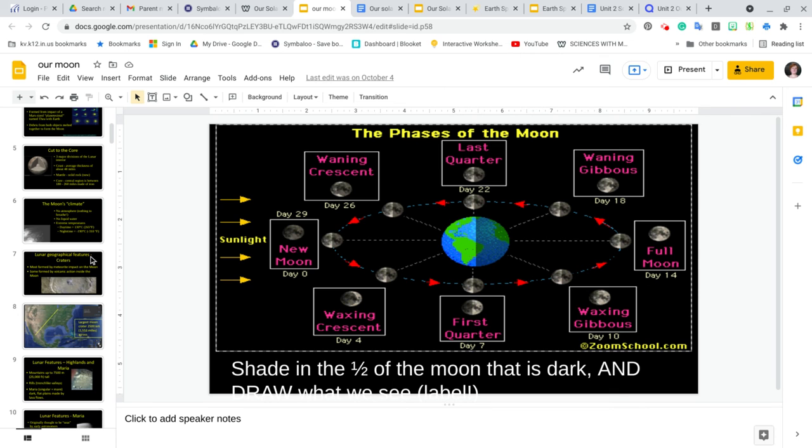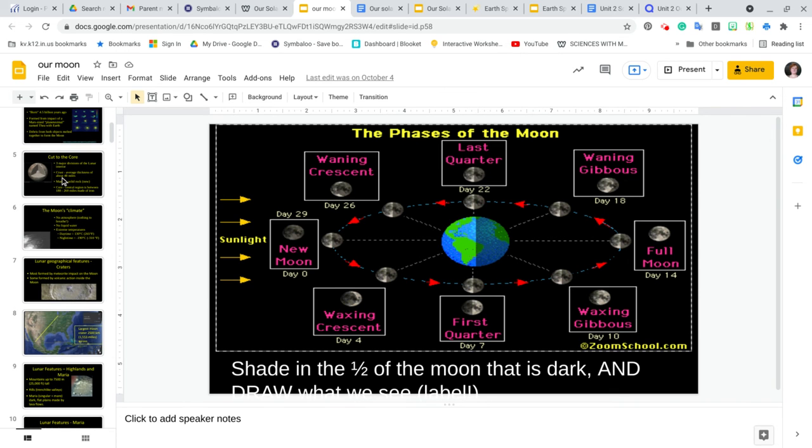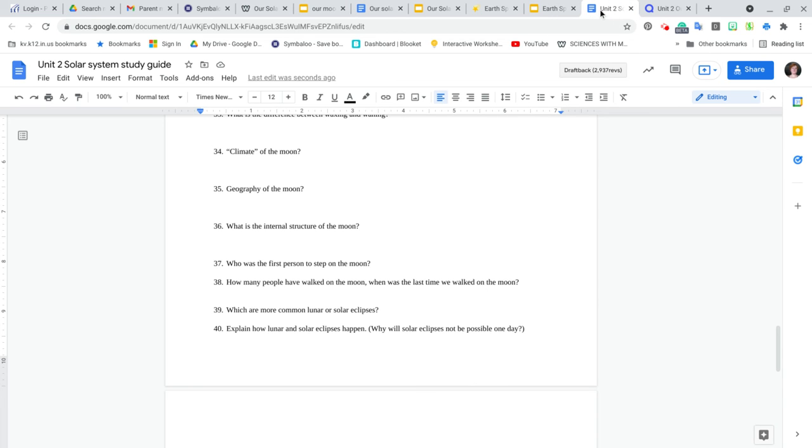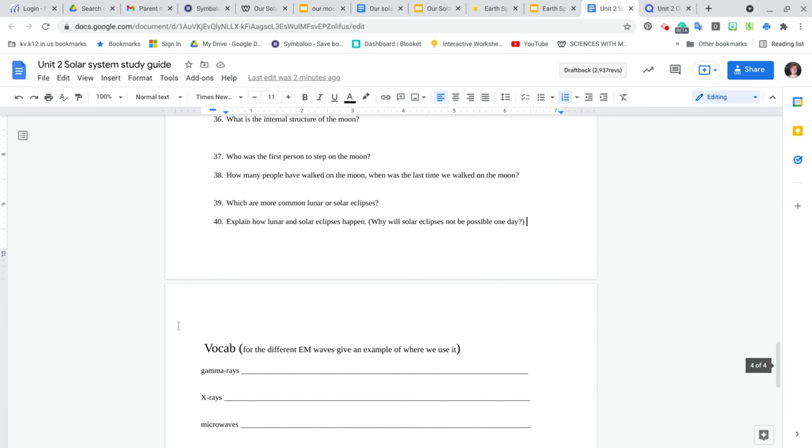That one specifically is talking about this. Crust, mantle, core. First person on the moon. Also on that one. So is that one. So is that one. So is that one. All about the moon.